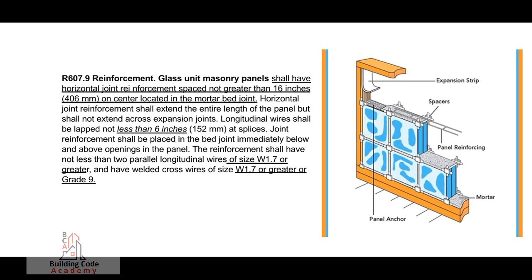Longitudinal wires shall be lapped not less than 6 inches, 152 millimeters at splices. Joint reinforcement shall be placed in the bed joint immediately below and above openings in the panel. The reinforcement shall have not less than 2 parallel longitudinal wires of size W 1.7 or greater, and have welded cross wires of size W 1.7 or greater.